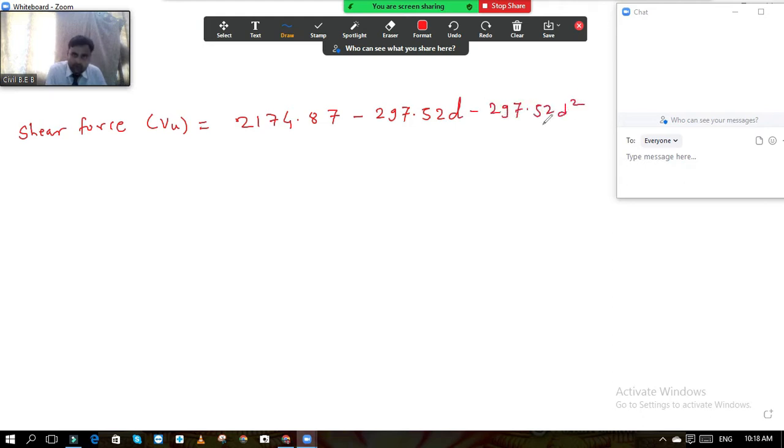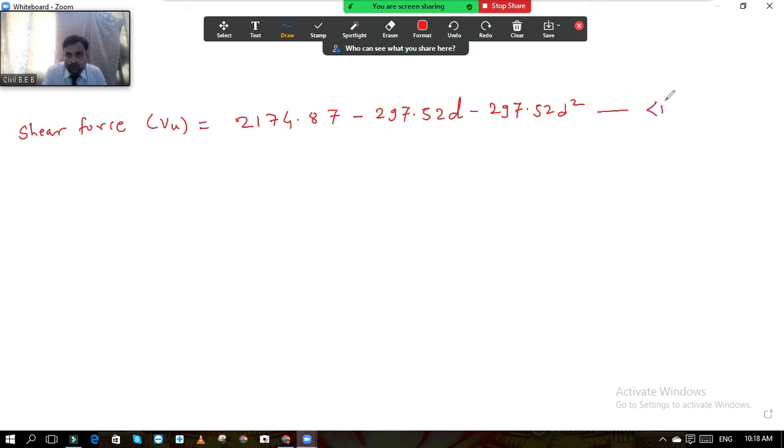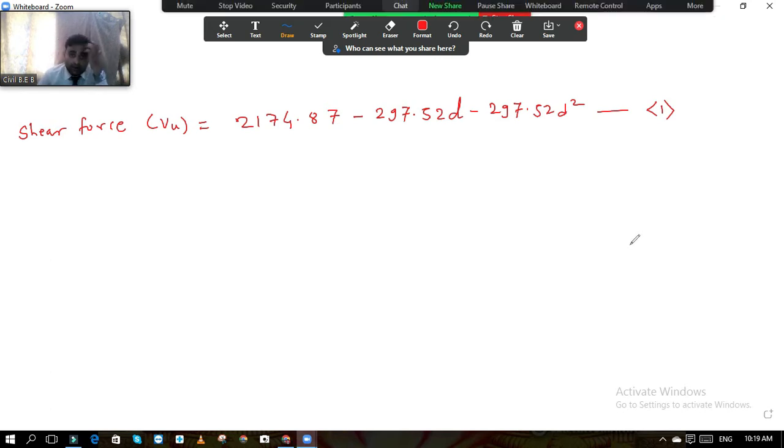This was our equation number 1. This we have found out in the last lecture. Am I right? Is it right?